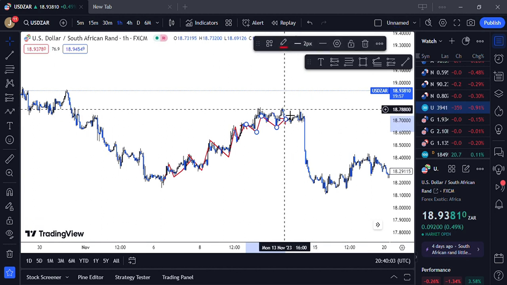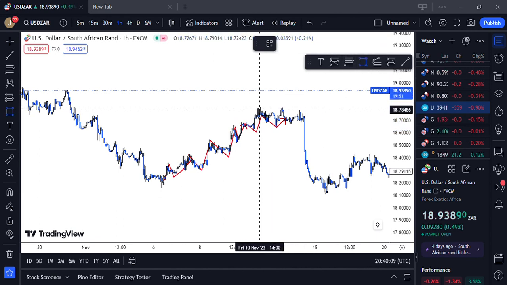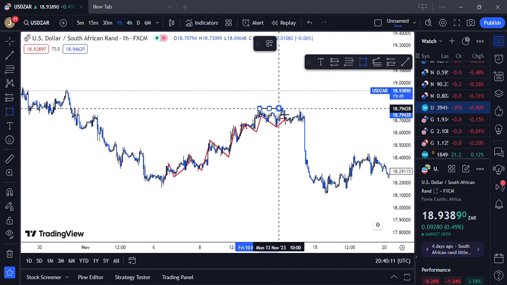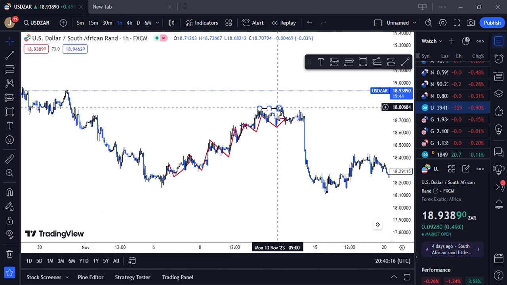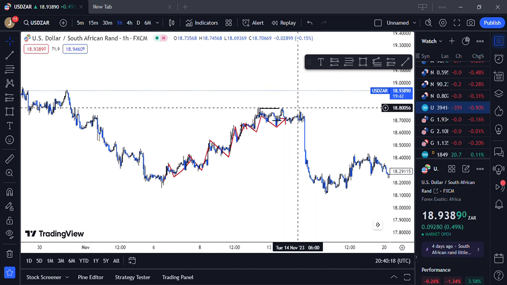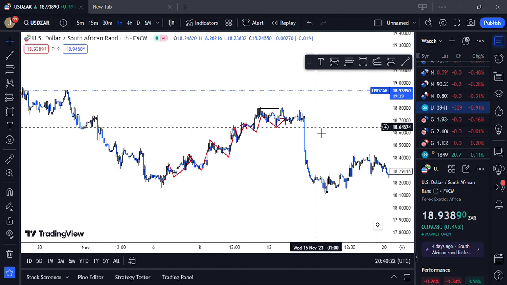We cannot say this is a higher high because it did not pass this price here. Remember why? This is a higher high, right here. This is a higher high. So this price here did not pass this higher high here. It did not at all. So we cannot consider it as a higher high. Understand?